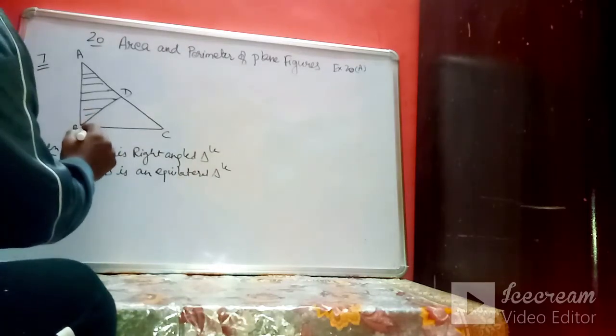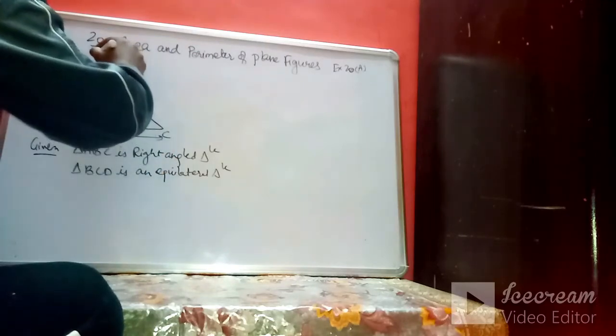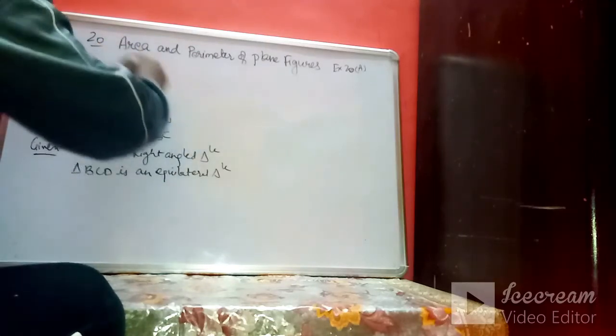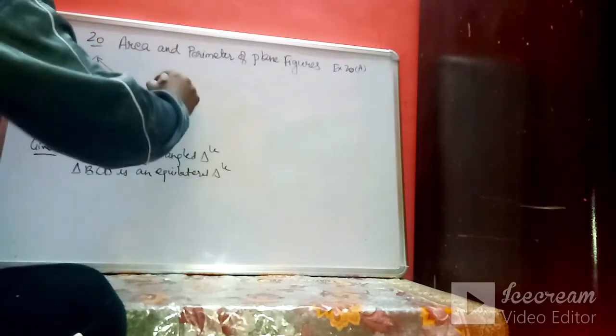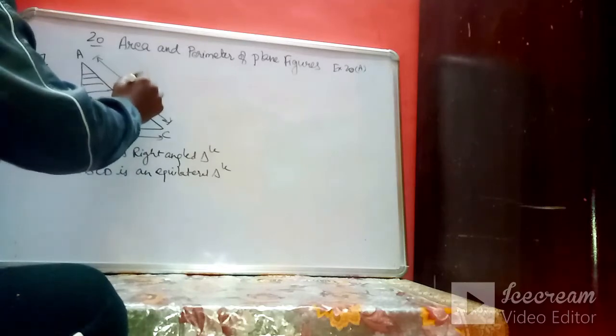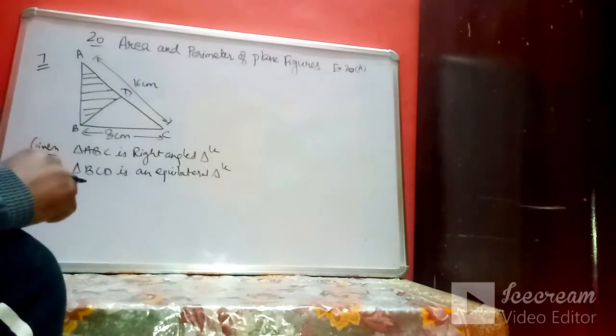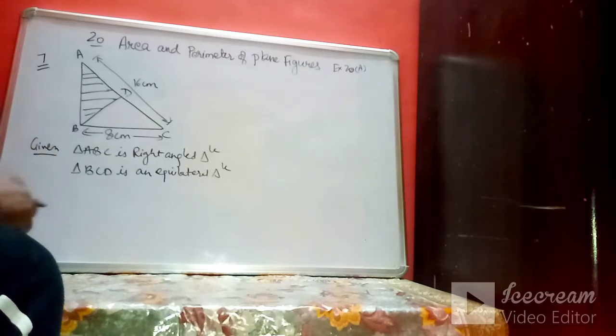So this side is given as 8 centimeter and this whole side is given as 16 centimeter. We have to find the area of the shaded region.